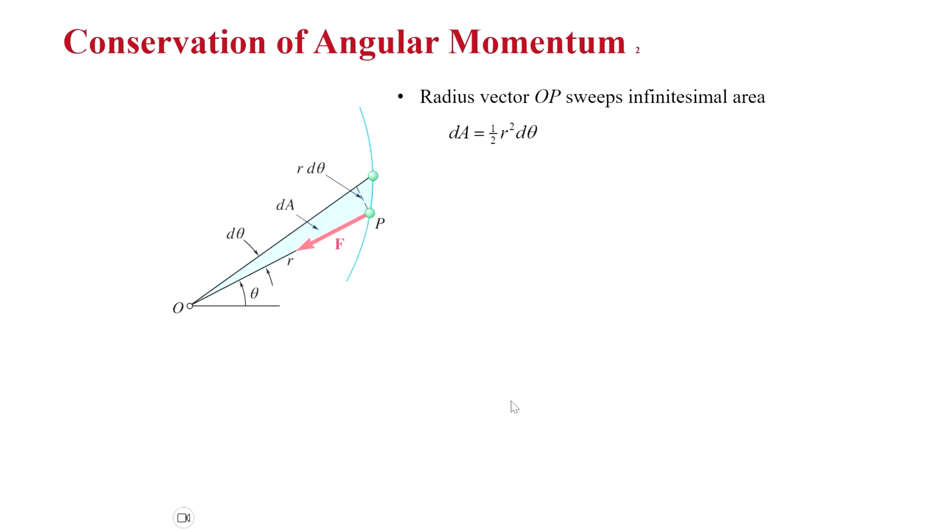So from the conservation of angular momentum, we can derive the equations of acceleration and velocity. Again, picture angle theta. There's a force acting on the radial component. P has a length of r d theta.